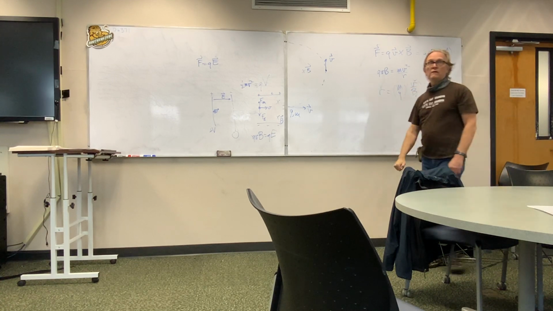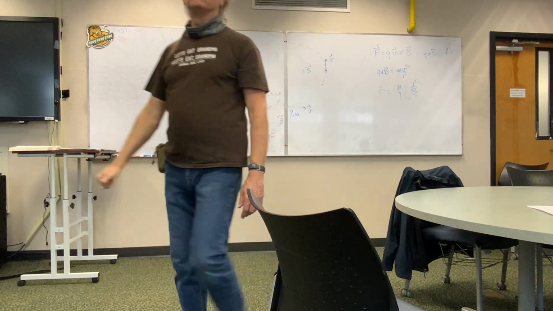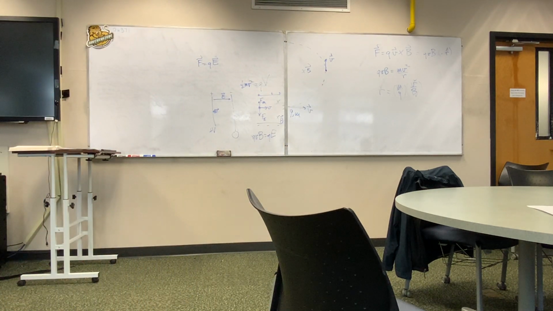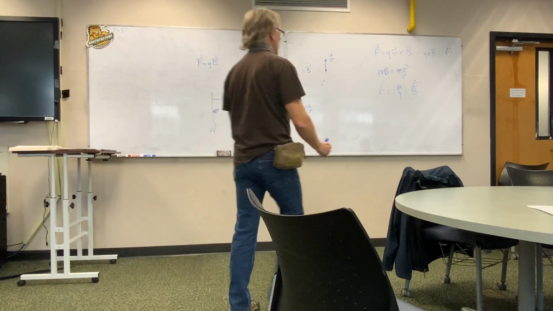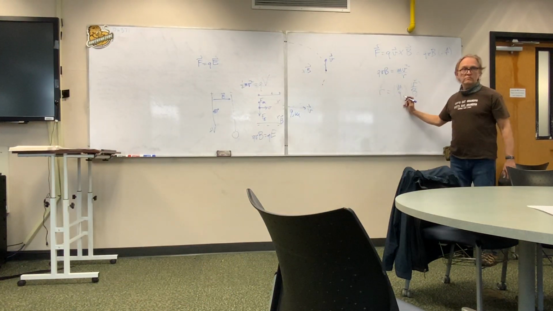So if I have carbon with one fewer electron, so it's got a net positive charge, that's 12 over 1. Magnesium 24 with 2 electrons removed would also have a ratio of 12. M over Q would be 12. So I would be sensitive to carbon 12 and magnesium 24. They both have the same ratio of mass to charge.